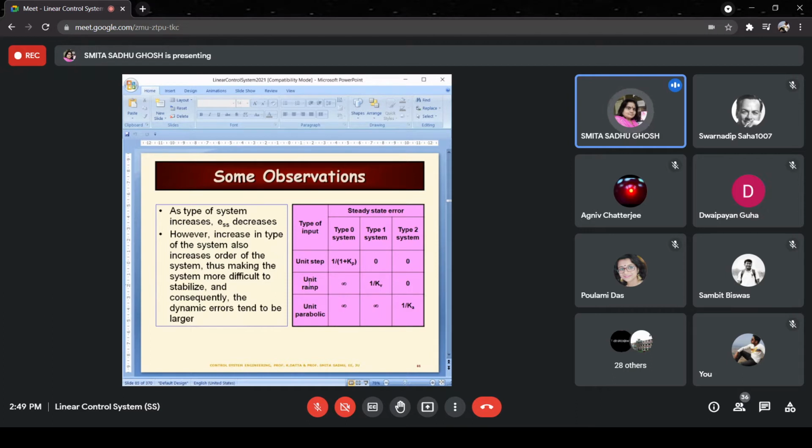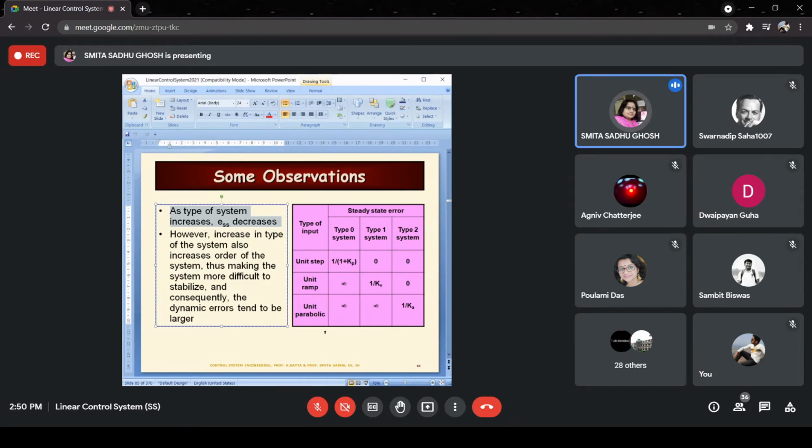Similarly, for a ramp input, for type 0, it was infinity. For type 1, it is a constant, type 2 it's 0, and then it's going to remain 0 after that. So what we see is that as the type of the system increases, the steady state error decreases, right?